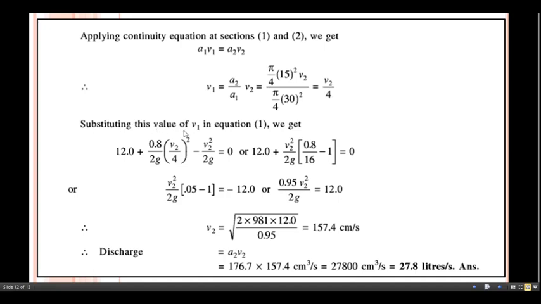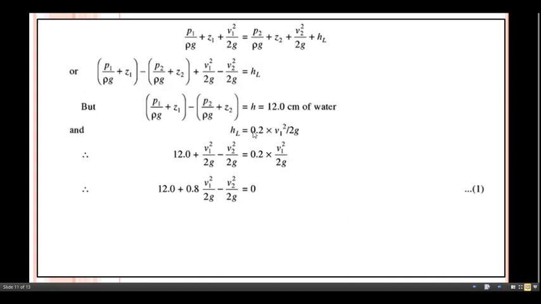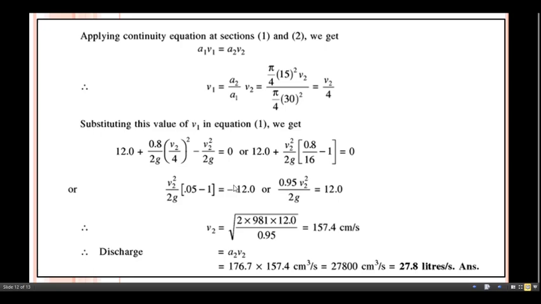Now substituting this value of V1 in equation number 1. Equation number 1 with us here: 12 plus 0.8 into V1 square divided by 2G minus V2 square divided by 2G. So in this case just substitute the value for V1.